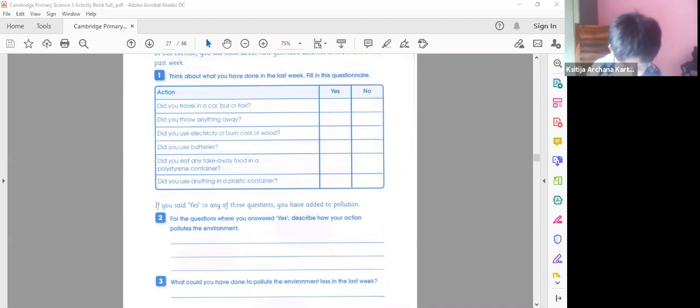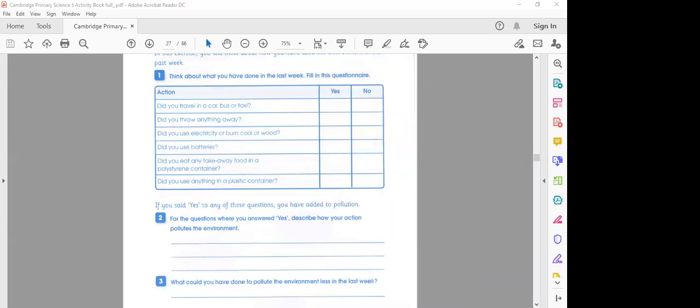I polluted the environment because electricity causes global warming. Batteries are toxic for the environment, and plastic is also toxic for the environment. I put three ticks, three yes. That's right. Okay.